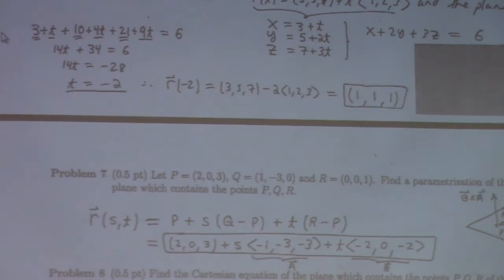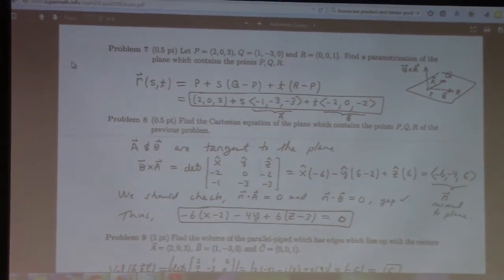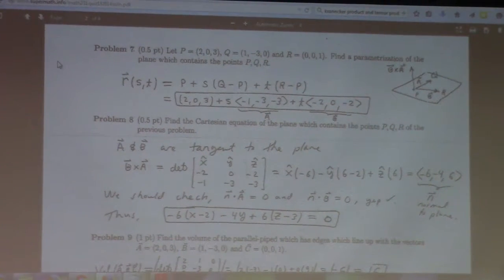So for 7 you had a parameterized points, which I did fine, and then for 8, just use the Cartesian equation of the plane, saying those points. I understood why you had the A vector as P, with the PQ vector, and then the PR vector as B, but I didn't understand why it was B cross A.